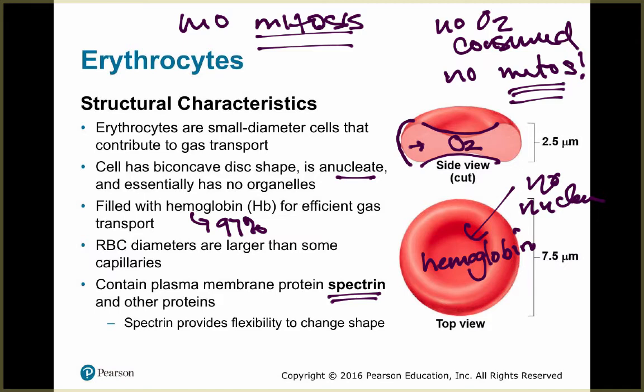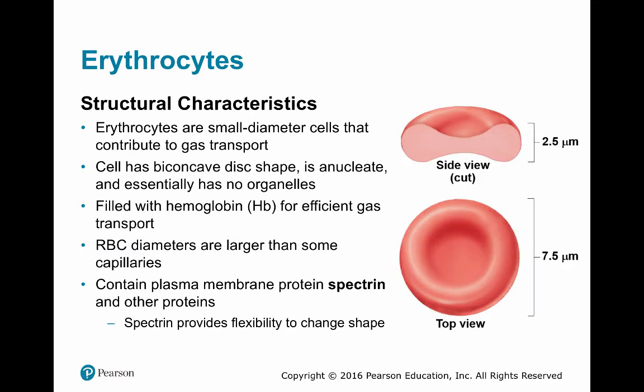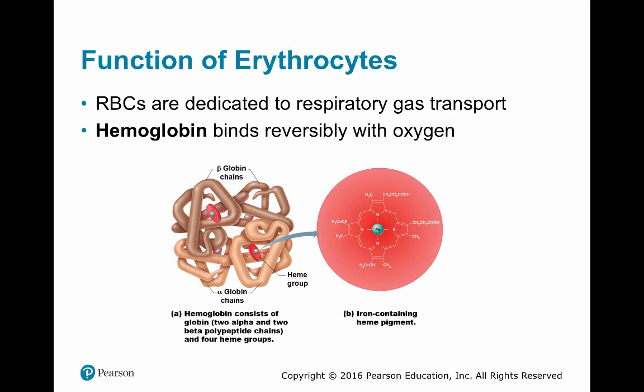And again, because a majority of the cell is hemoglobin and it has such a huge surface area to small volume, the oxygen can escape it very easily and go into the tissue. So erythrocytes are very, very cool in that regard. And again, they have no mitochondria, so they are anaerobic. They're not going to consume the oxygen that they're carrying to make energy. They're really cool when you think about it.